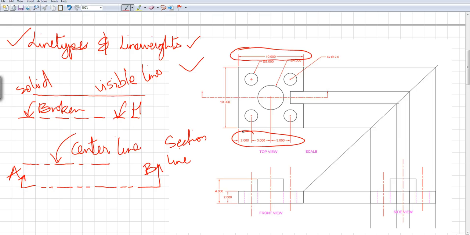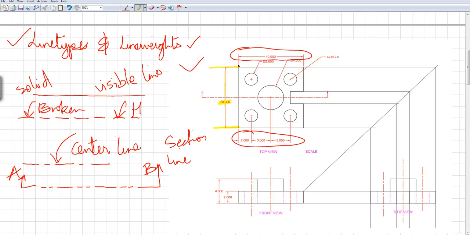Now a single dimension line comprises what? The dimension line, within which you have the dimension, and the extension line, which is coming from the surface of the object.